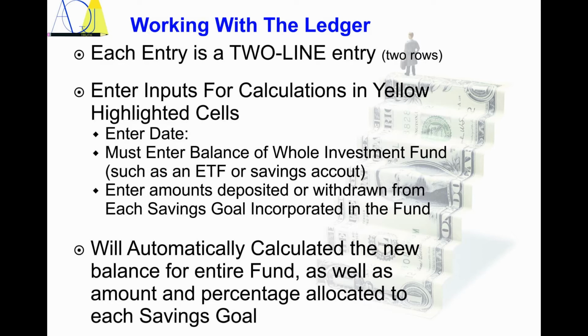You won't fill out all of those, just the ones where you're making a withdrawal or where you're depositing money. After you enter the numbers in the yellow cells, it will automatically calculate for you the balance of the entire fund, where it says new balance in the gray row, and it will also calculate the amount and percentage allocated to each of your savings goals.